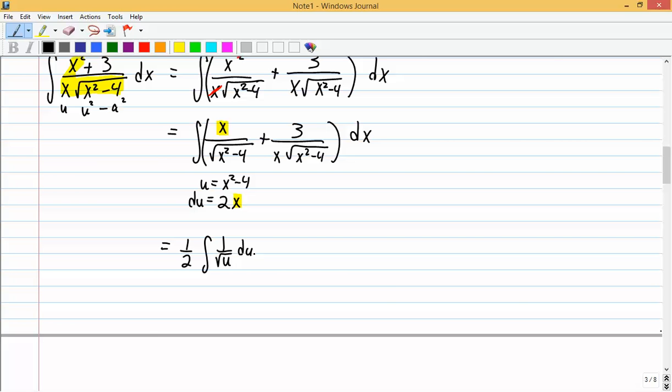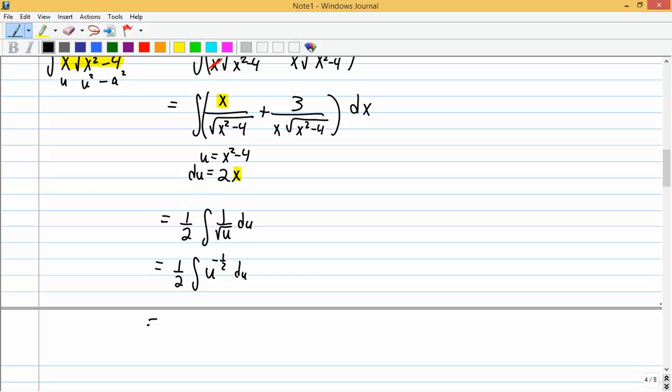Now, that's just the integral of this first term. I haven't done the integral of the second part of the integrand, but I'm going to go ahead and do this integral. So that's equal to 1/2 times the integral of u to the negative 1/2. Now add 1 to the power, it will become u to the 1/2.